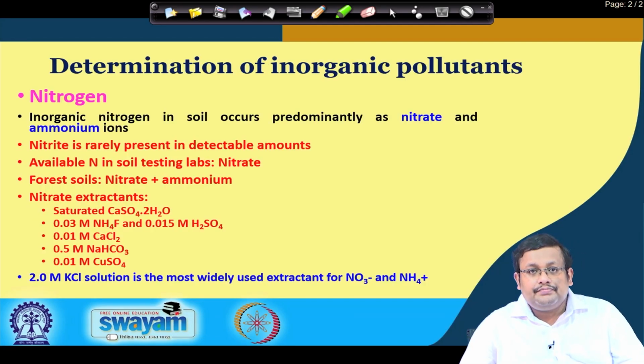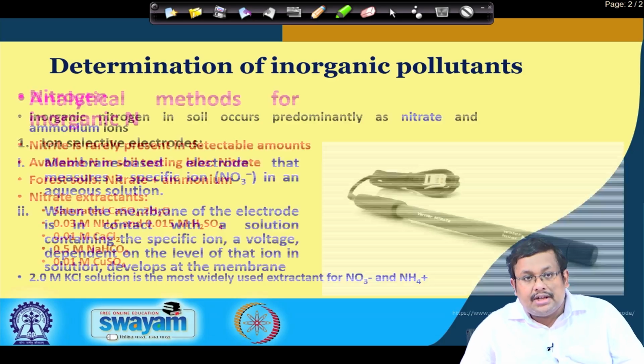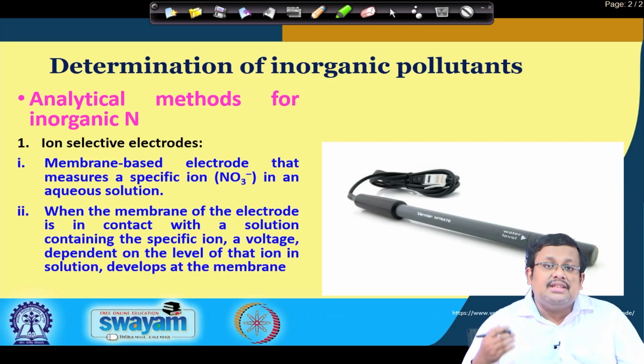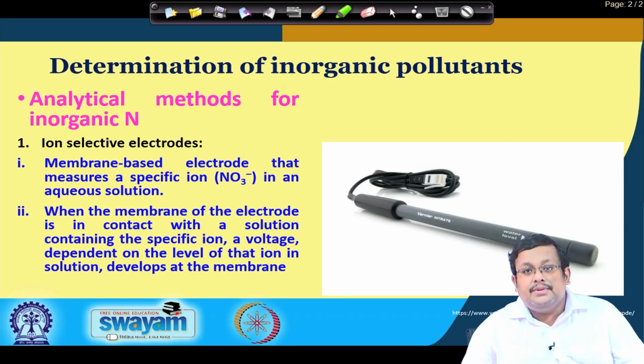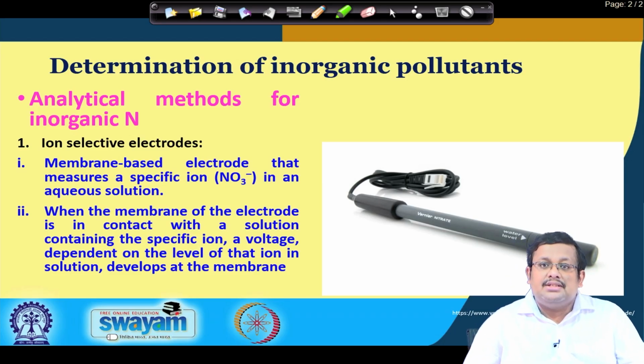Then we started with the determination of inorganic pollutants like nitrogen, and we talked about different extractants like saturated calcium sulphate dihydrate, calcium chloride, sodium bicarbonate, copper sulphate and so on. And then we talked about some analytical methods, instruments or tools which we require for measurement of inorganic nitrogen. We started with the ion selective electrodes.